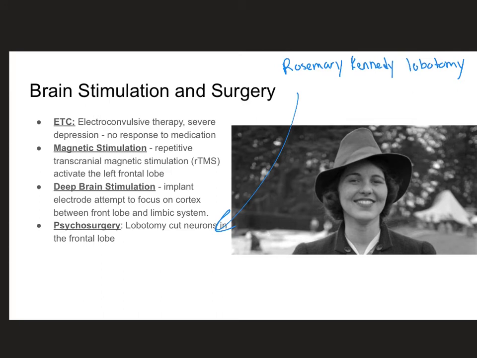She was a Kennedy. Another type of brain stimulation and surgery is ECT, electroconvulsive therapy. This is used for severe depression. It actually can be extremely effective. But it is used when there's been no response to medication, so it's like a last resort.